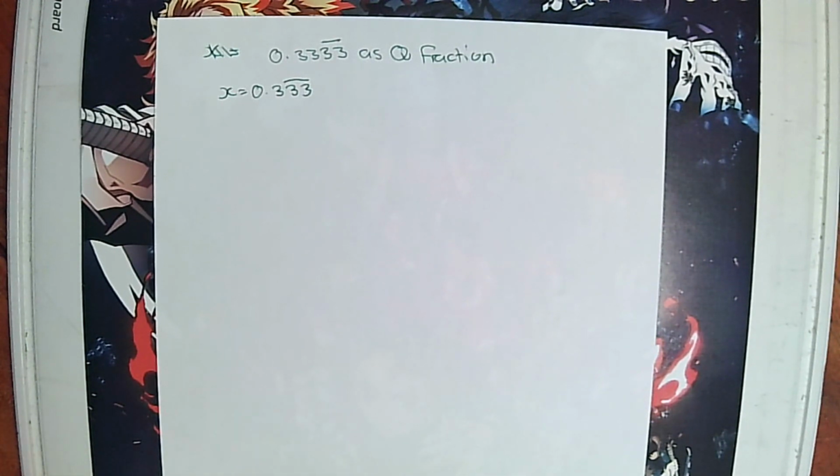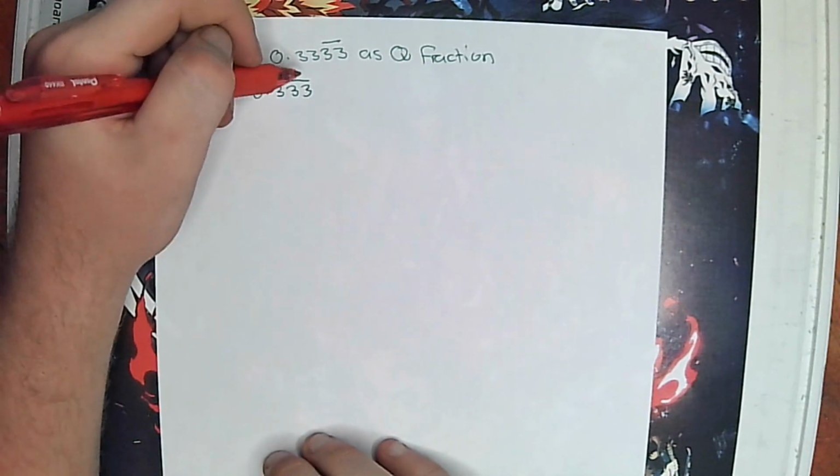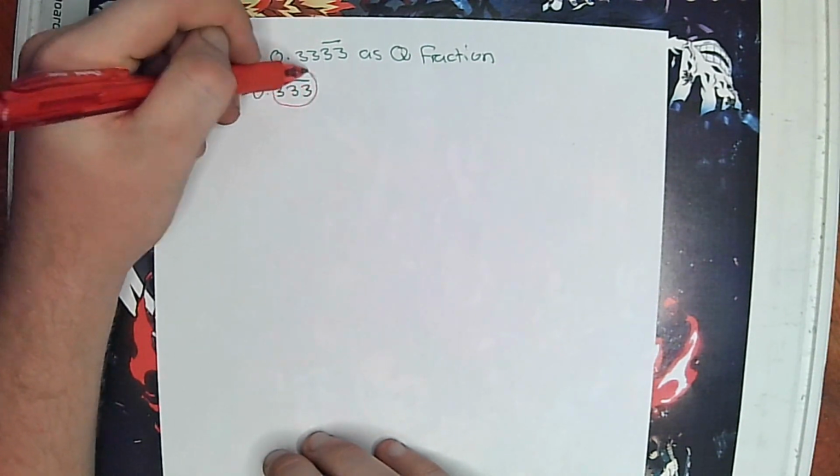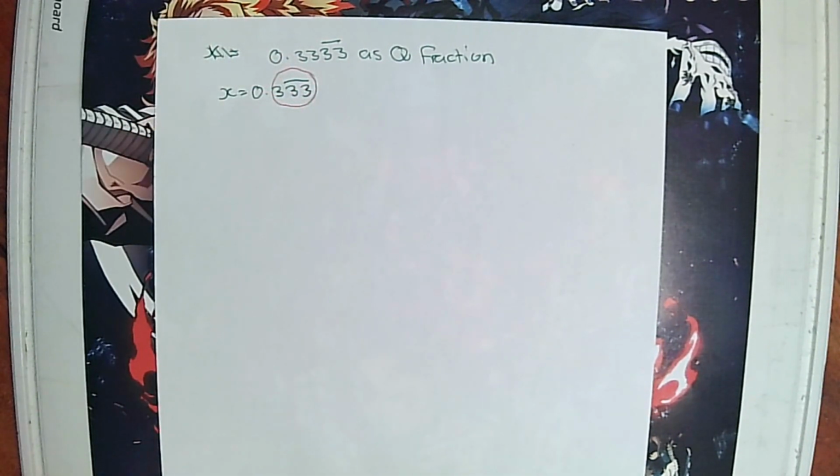So, how can I get rid of this portion of the decimal, which is basically the decimal? How can I get rid of it? And that is the goal when trying to write repeating decimals as rational fractions, we have to get rid of that decimal value.